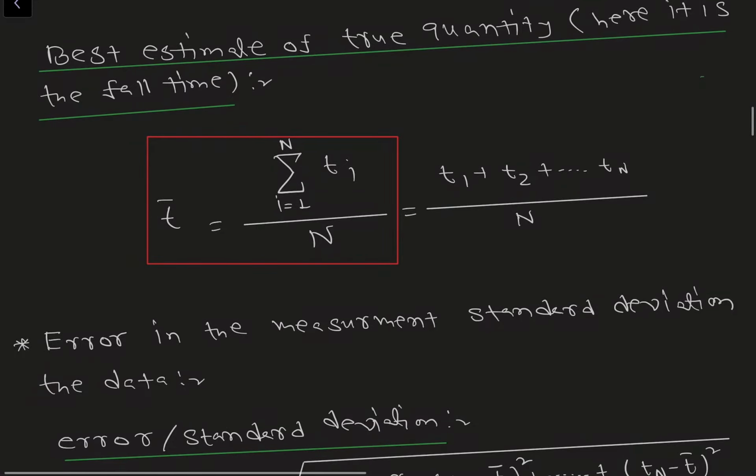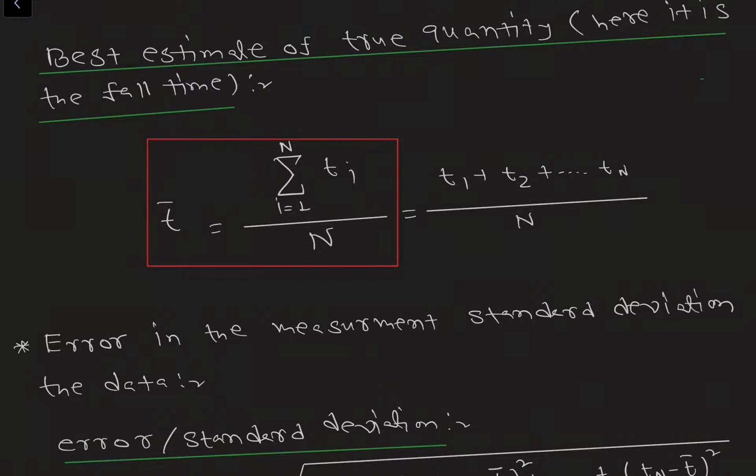Now in case of an error, how do we quantify our result or calculate the error? So the best estimate, like here we are going to measure the weight of the oil drop or the time of fall. So the best estimate of the true quantity, in case of our previous experiment, is the fall time.